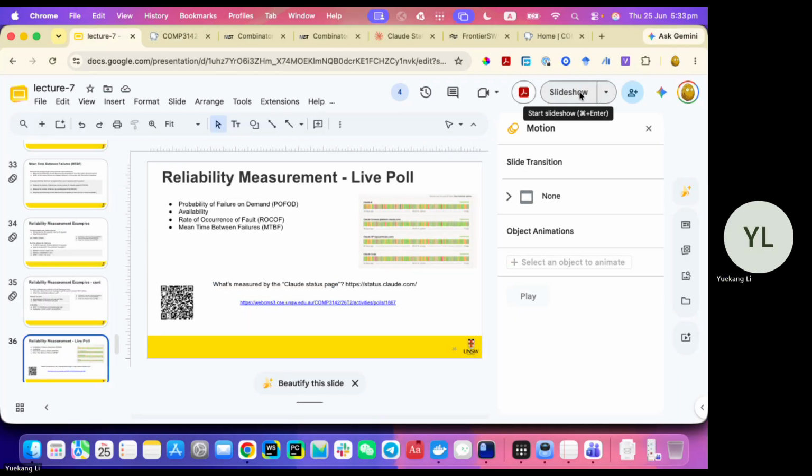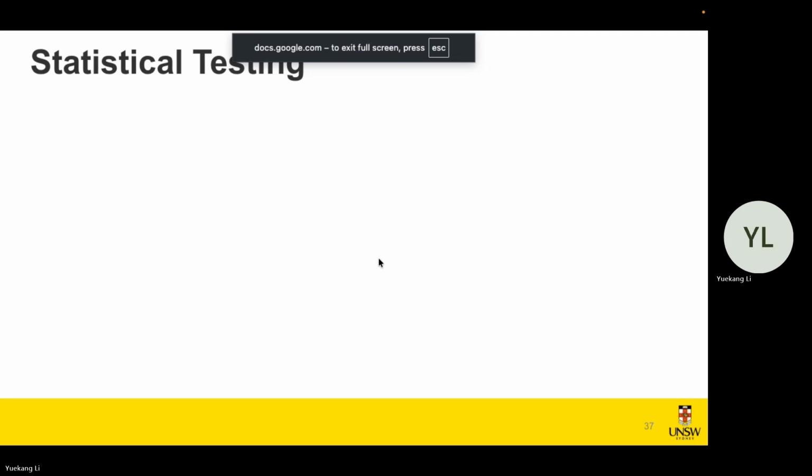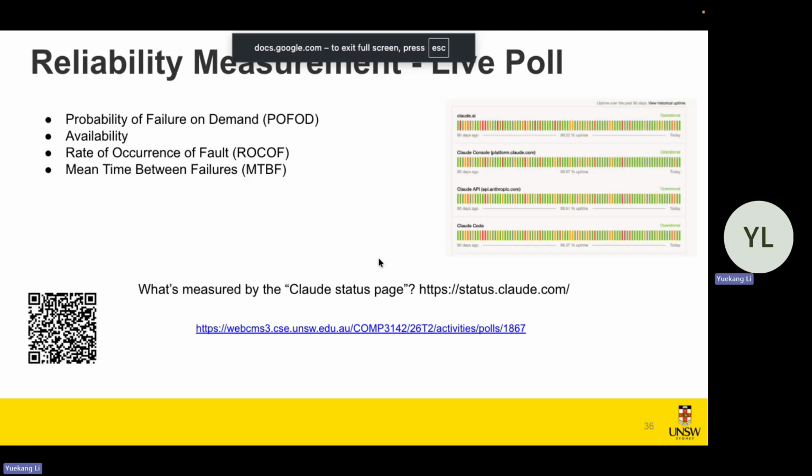So, yes, the answer is availability. It's helping us to see whether the service is available or not, because of the keyword uptime. And therefore, if your Claude Code is complaining about API outage, you will need to check this page to see if it is your network's problem or the service problem.